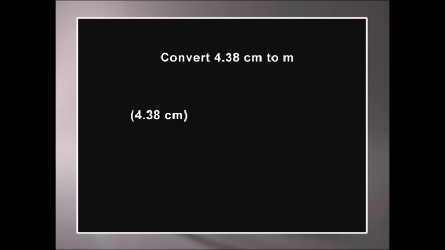In this case, you start with 4.38 centimeters, and you need to convert this into units of meters. To convert centimeters into meters, you're going to need to multiply it by a factor that has centimeters in the denominator, so this unit will cancel out, and that has meters in the numerator, so our final answer will have units of meters.